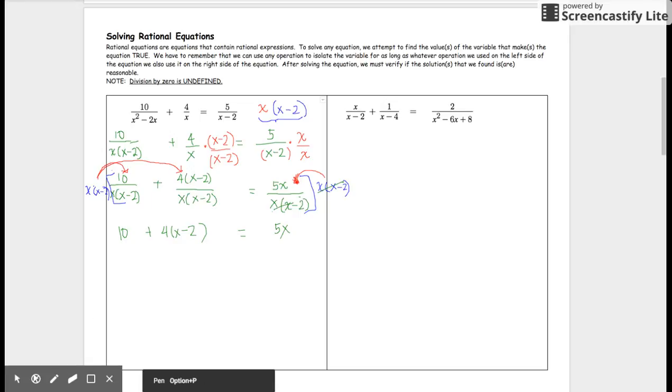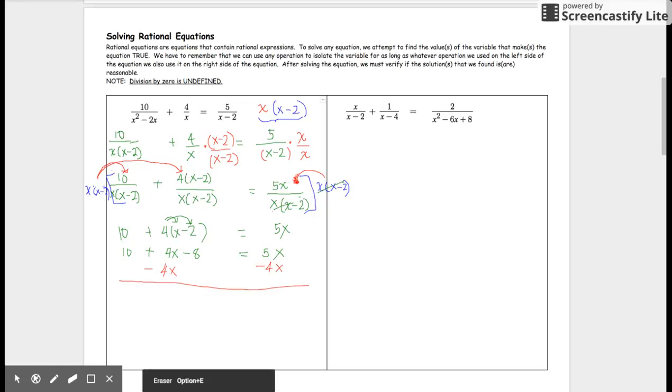So let's solve. So we'll have here 10 plus 4 times x is 4x minus 8 equals 5x. Now we have to isolate the x, so we take away 4x here, take away 4x from the right side, because whatever you do to the left, you have to do to the right.